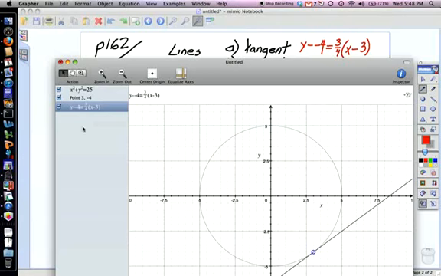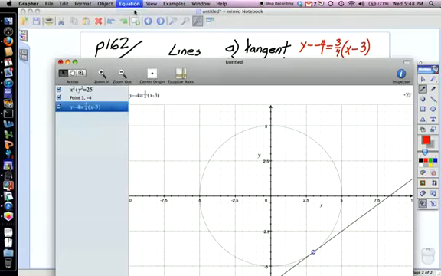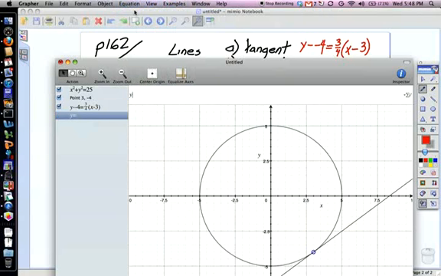For the heck of it, let's throw our normal line in there too so that we can see how that looks. So same equation, y minus negative 4 equals, but the slope is the negative reciprocal.